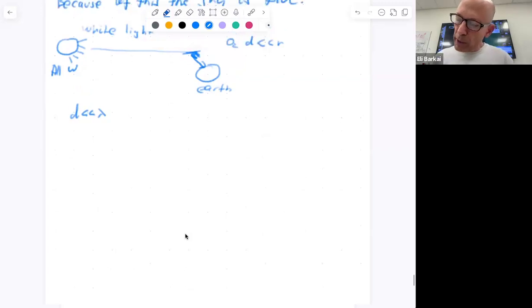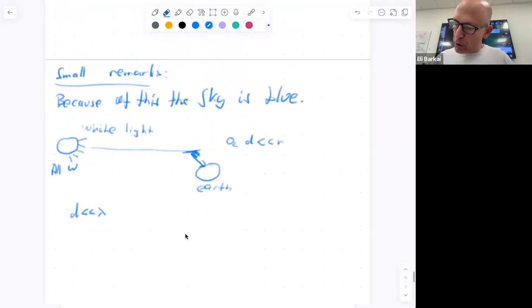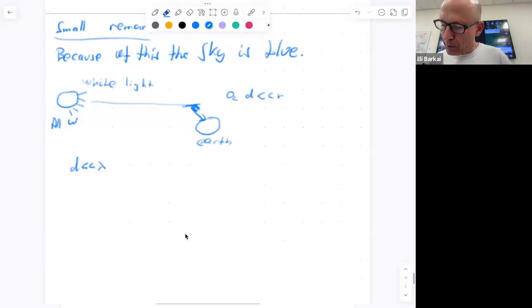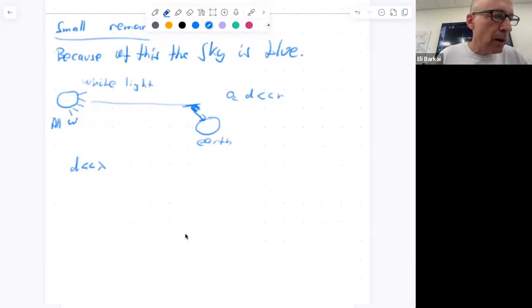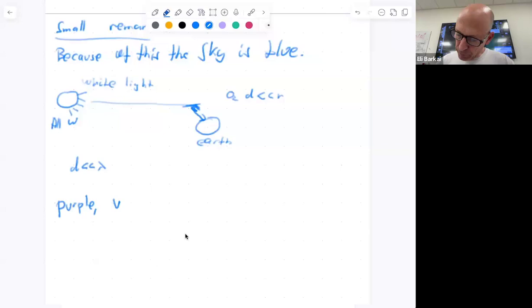Now, we could argue till tomorrow if this is a good explanation. I mean, in textbooks, physicists are very proud that they can explain why the sky is blue. But you can ask some questions here. For example, why is it blue and not purple or violet?